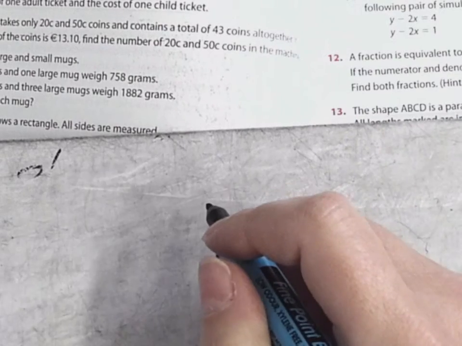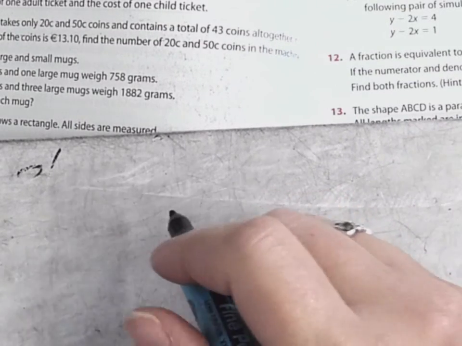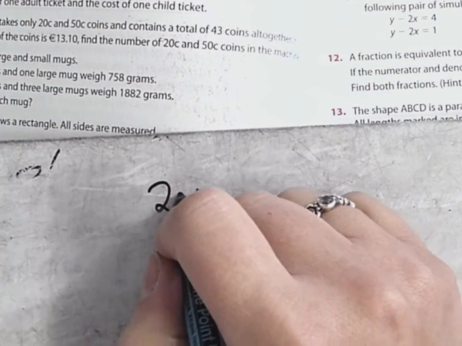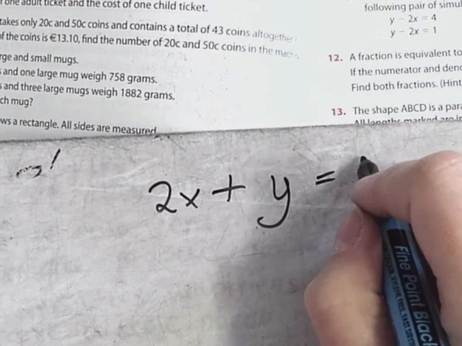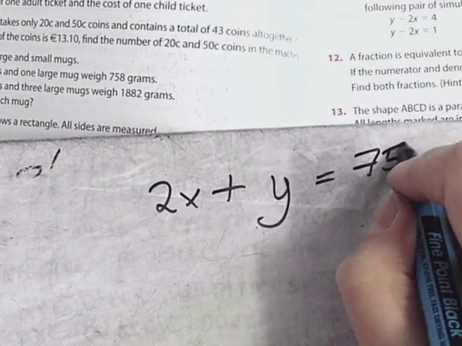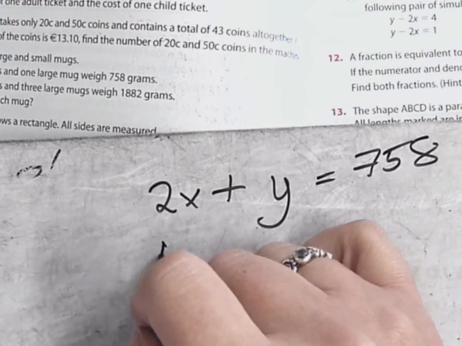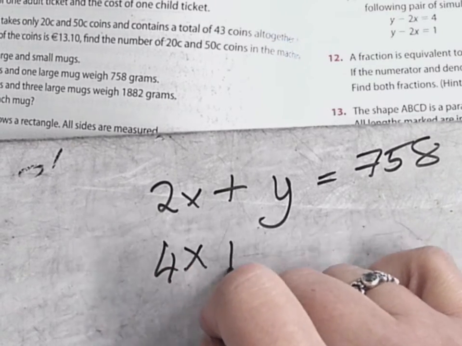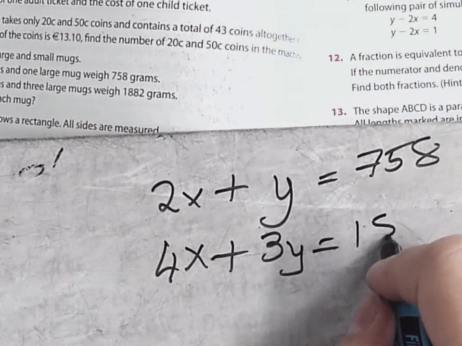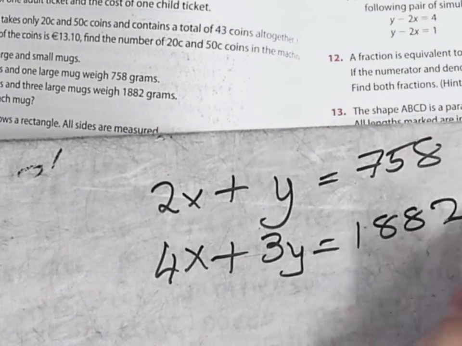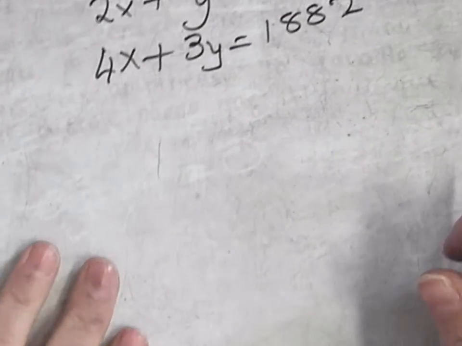So will we make x the small mugs? 2 small mugs is 2x, and 1 large weighs 758. Then we have 4 small, which is 4x, and 3 large is 3y, which weighs 1882. Then it says, how heavy is each mug?